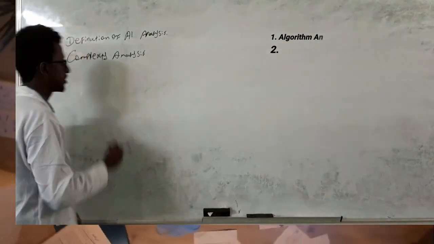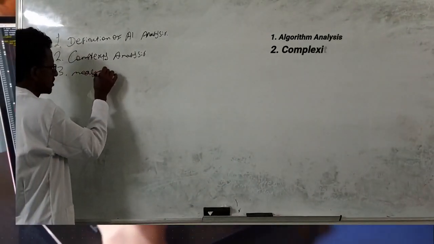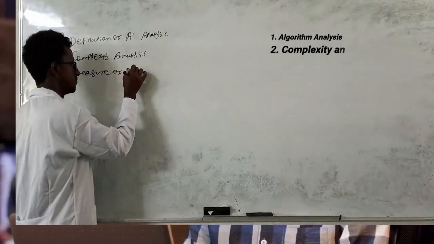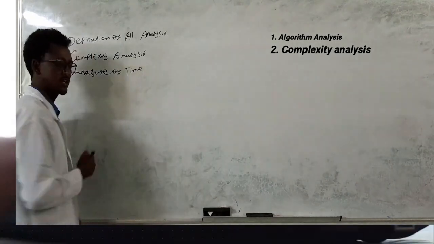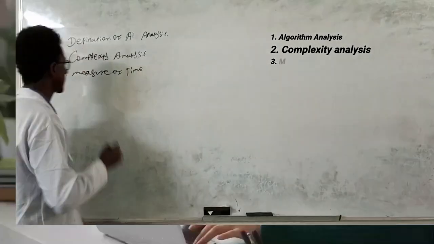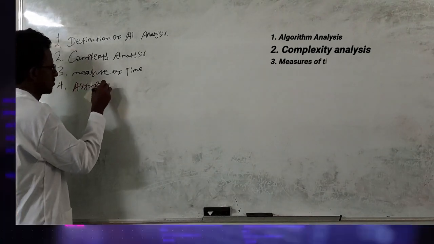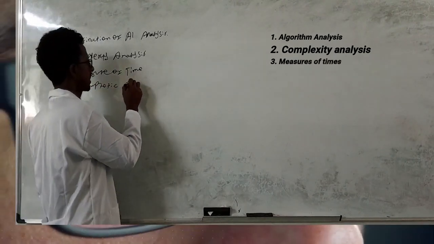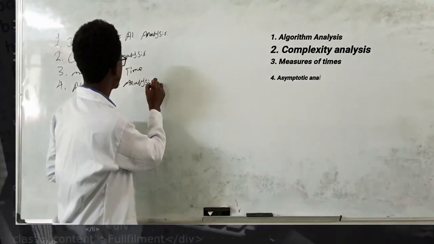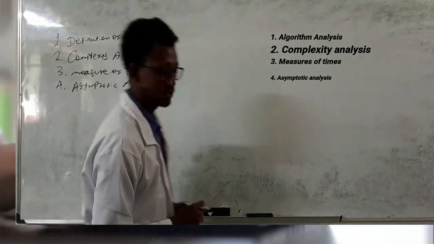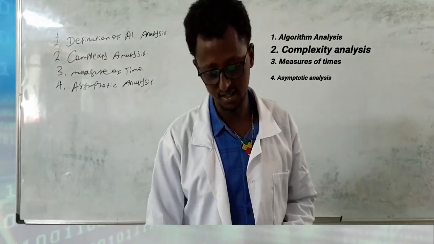The third one is the measure of time to run a given algorithm. The fourth one is asymptotic analysis. So in this chapter we try to address these four main concepts related to algorithm analysis.